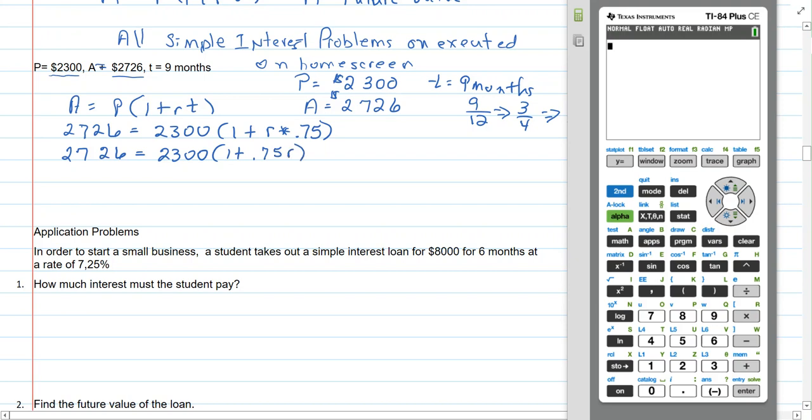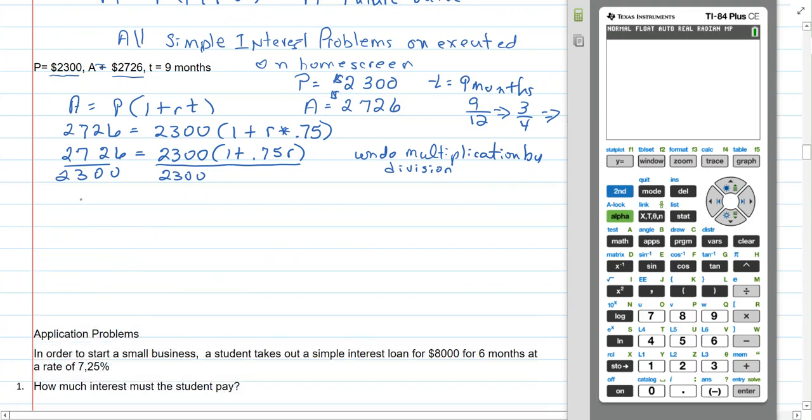Okay, so the first thing we're going to do is undo multiplication by division. So we're going to take the big numbers. Divide this whole thing by the 2,300 and this by the 2,300.